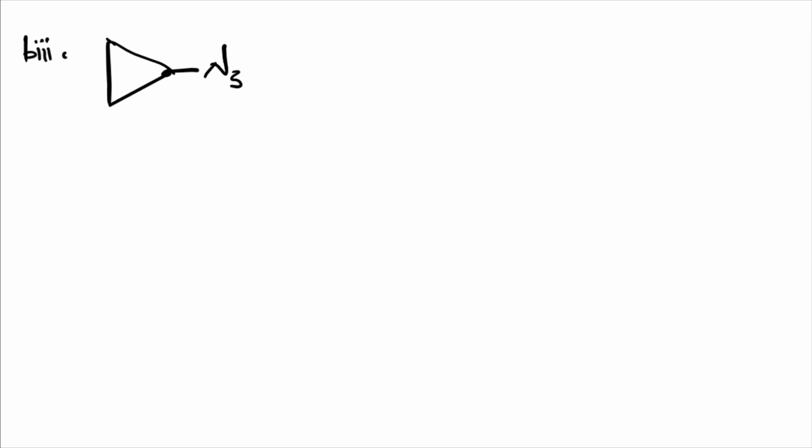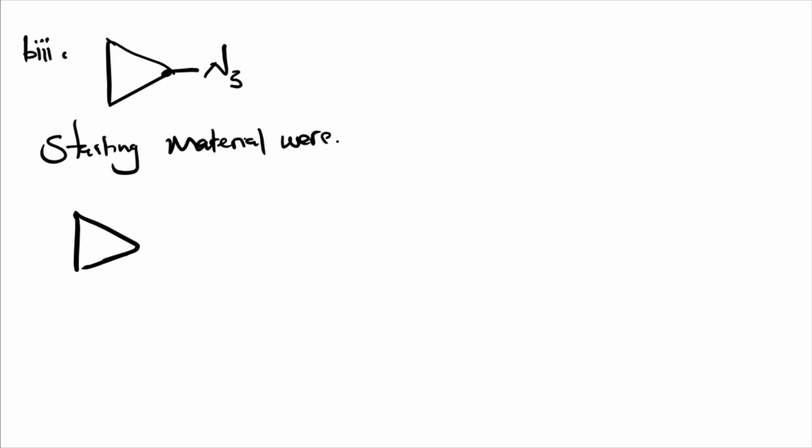All right, so B3, by an SN2 mechanism, what were the starting materials in order to form this product? So in order to form this product, the starting materials were, you simply had this, and you reacted it with this guy here.